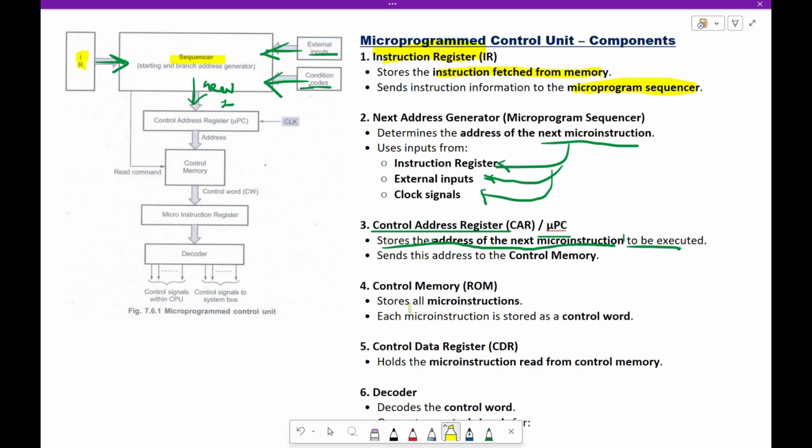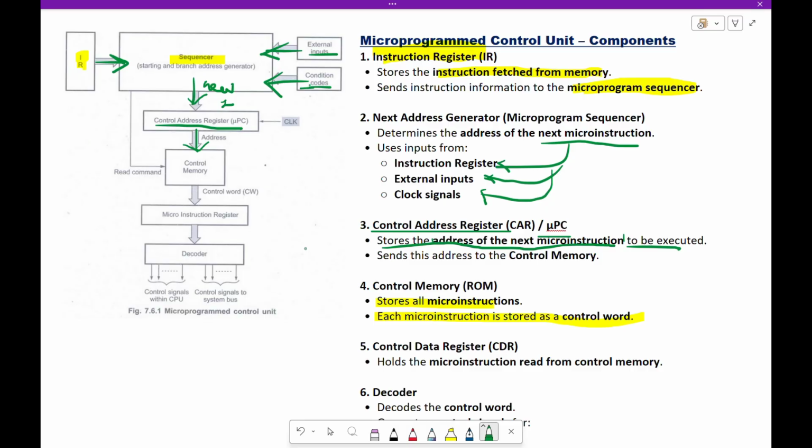Control memory, a read-only memory, stores all microinstructions. Each microinstruction stores a control word, like we read above. The control address register holds the address of the next instruction and sends this address to control memory.